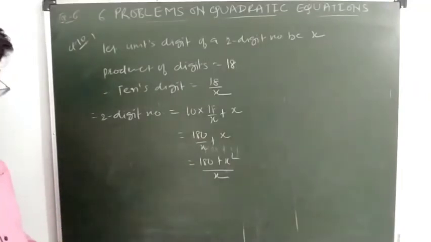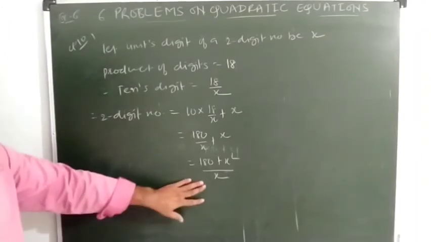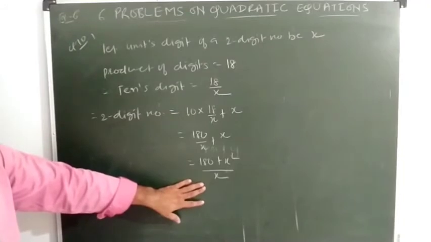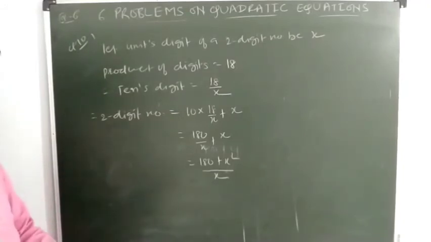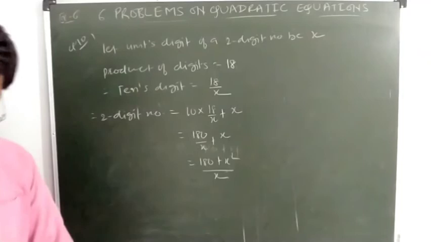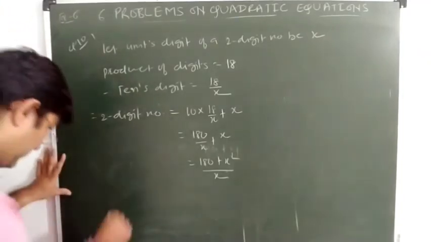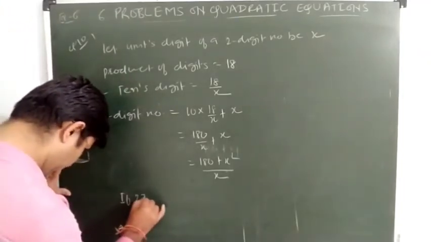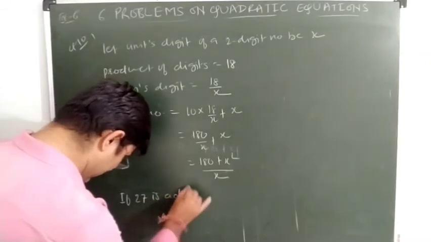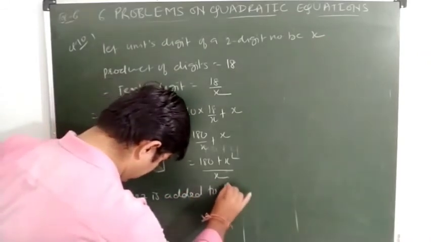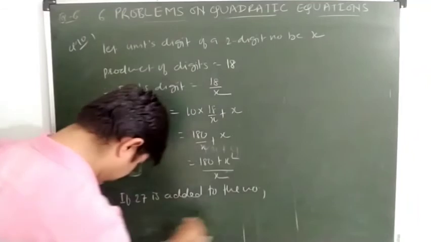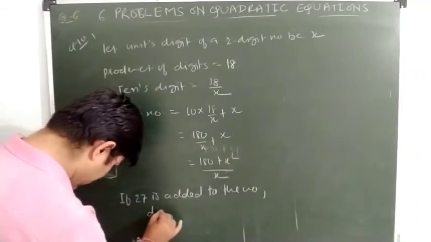Now it is given that if 27 is added to the number, the digits interchange their places.